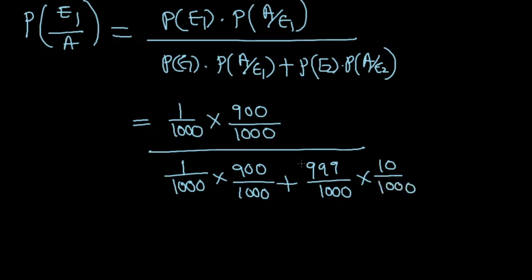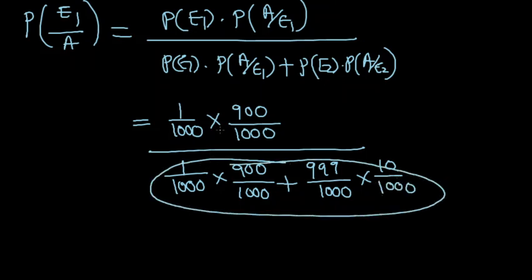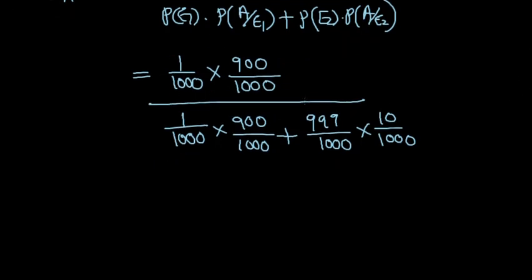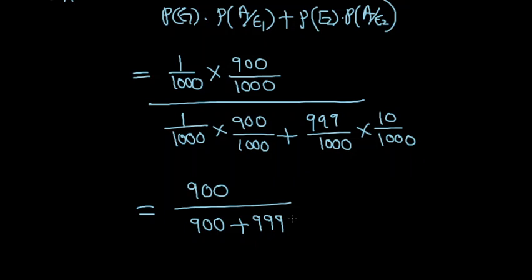Here the denominator is the total probability, and the numerator is the required probability. Taking 1000 into 1000 common and canceling, you will get 900 divided by 900 plus 999 into 10, which is 9990.